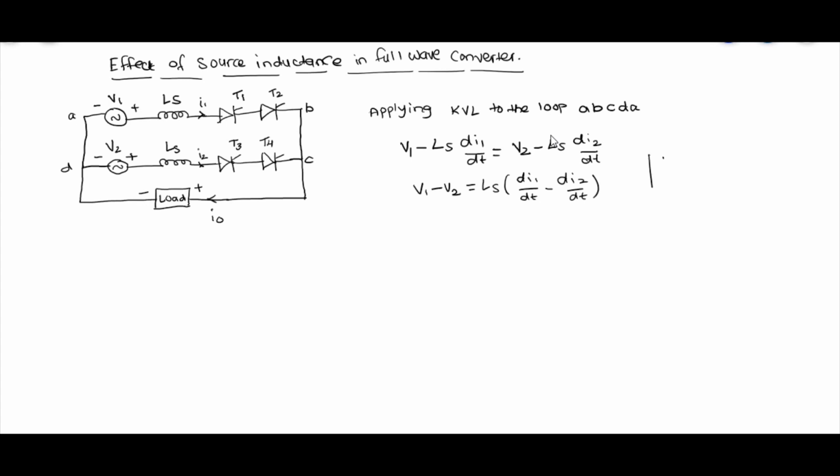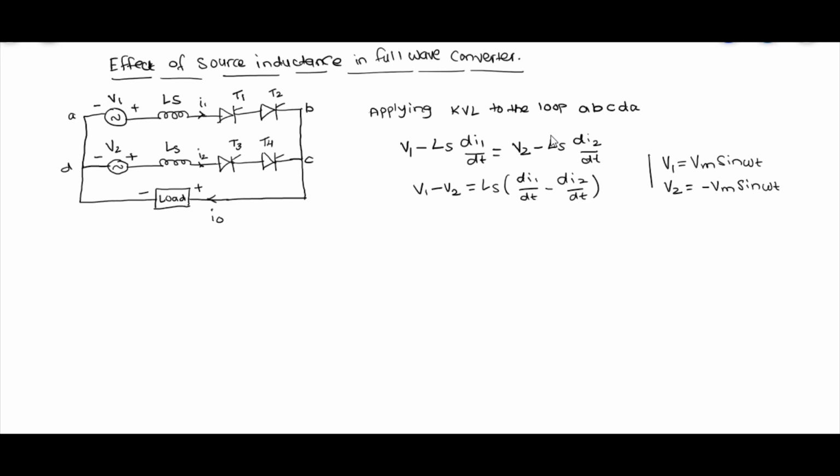You know that V1 will be equal to Vm sin omega t, which is VAB, and V2 will be equal to minus Vm sin omega t, which is VBA.